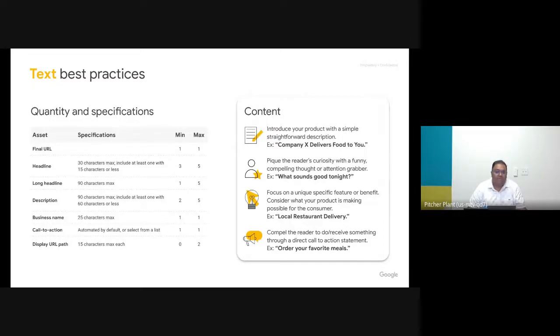It should be engaging, and it should have a clear call to action. I generally recommend as a starting point for clients to look at comparable search ads and utilize the top performing RSA ad assets, and then build and improve upon it on an every 3 to 4 week basis as an optimization strategy.